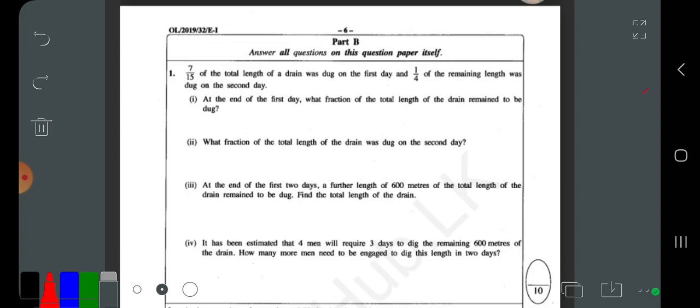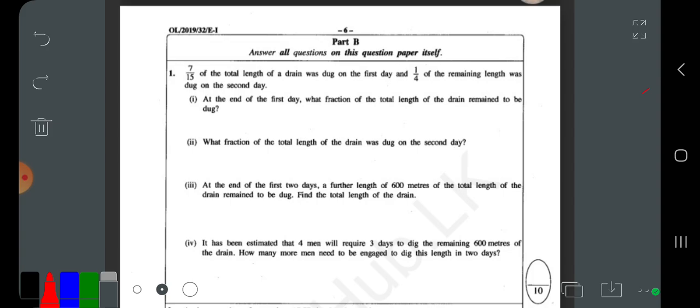Of the 15, the first day they dug 7, the portion 7 they finished. With the remaining only, they're going to dig 1/4 on the second day, right? So 1/4 of the remaining.